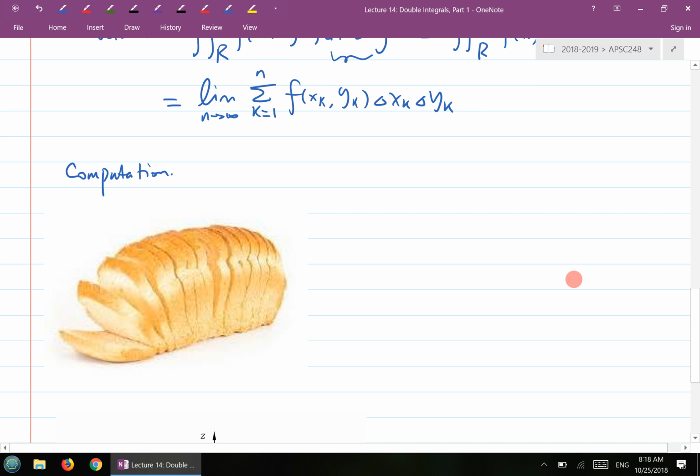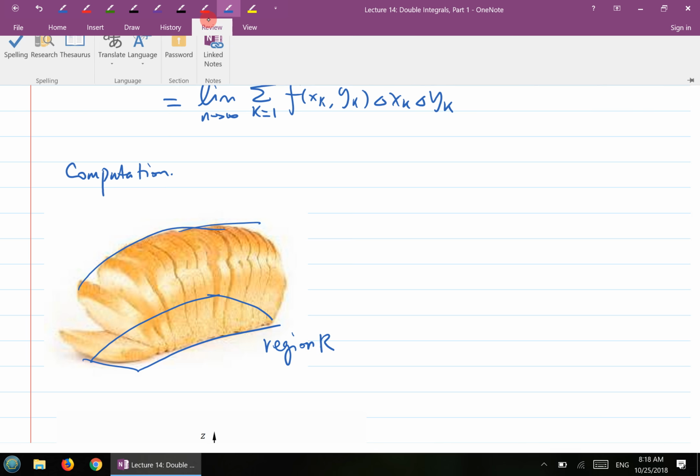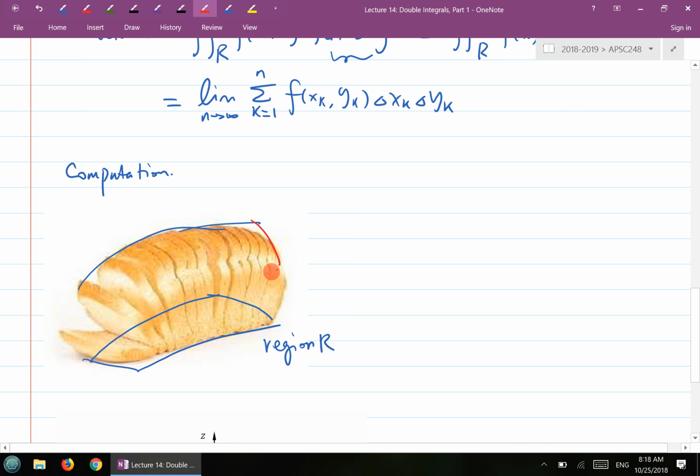If you look at this loaf of bread, and if I ask you, say, if you want to buy the biggest bread possible, then you have to calculate the volume to make your money's worth. So let's say I'm going to consider the bottom of the loaf of bread as my region R. And we're going to consider the top of the bread here as my surface z equals f of x, y.